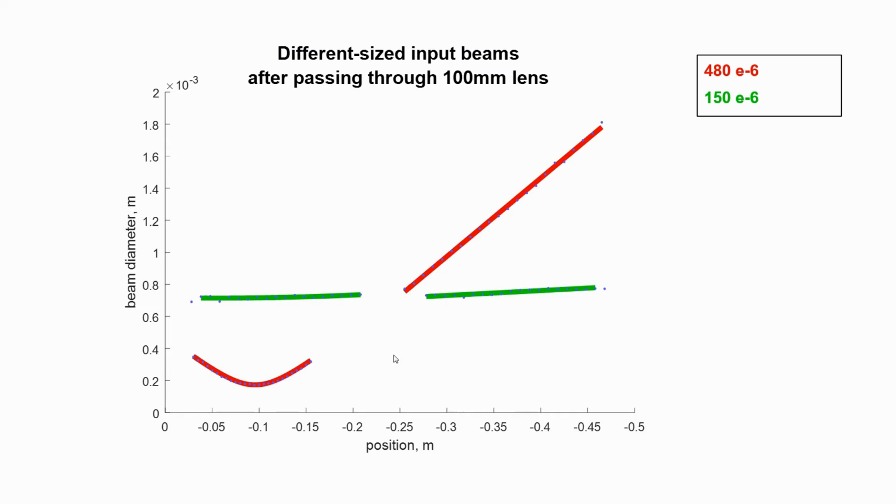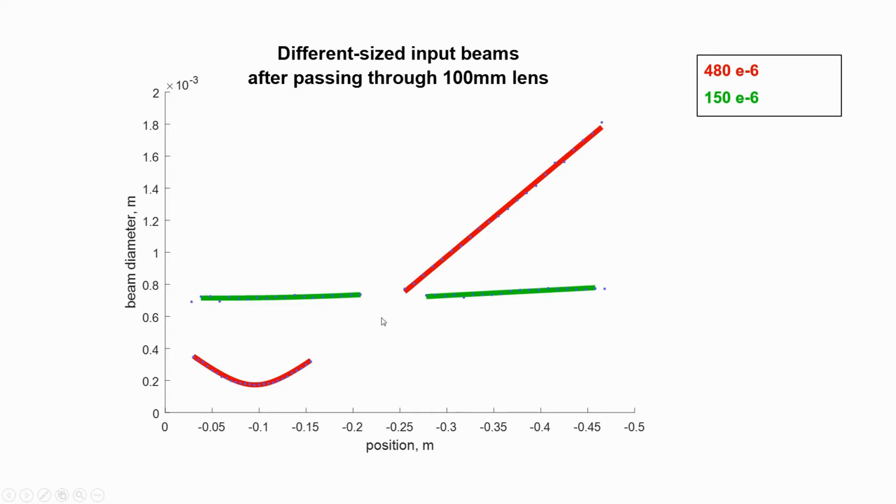We collect a little bit of data on that, and you can see that indeed the data matches roughly the theoretical predictions. So this green line is the measured output of the 150 micron input beam, and it's at about 500 microns.